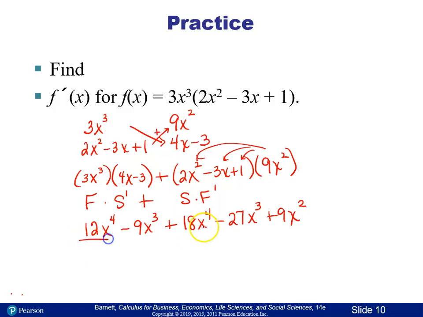And we do have some like terms here, so that's going to give us 30x to the fourth. We've got some more like terms, so minus 36x to the third, and then plus our 9x squared, and that will finish it up.